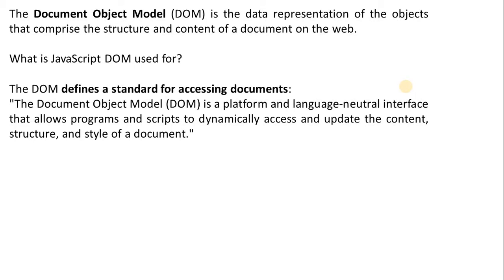So DOM is nothing but all the structure that has been defined for the HTML elements, and it provides a language neutral interface, so that any script, any program can manipulate the elements of the DOM, that is, the HTML elements can be manipulated using any language. So let us understand with this diagram.